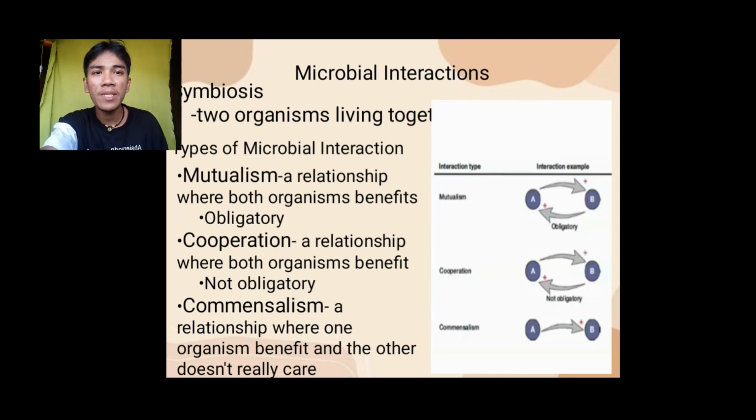And when we say commensalism, a relationship where one organism benefits and the other doesn't really care. So, kumbaga kung i-relate natin sa love, it is a one-sided love. Yung isa minahal yung isa, pero yung isa hindi niya minahal yung isa. Or wala siyang pake. Okay, ganun siya. That is what we call the commensalism.